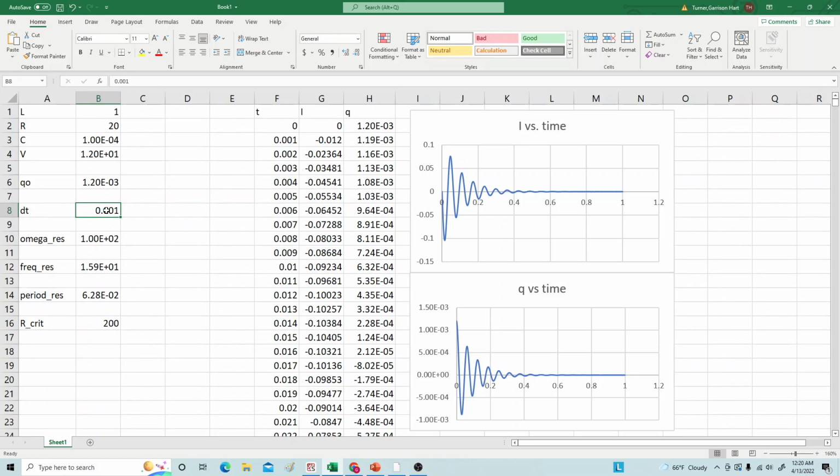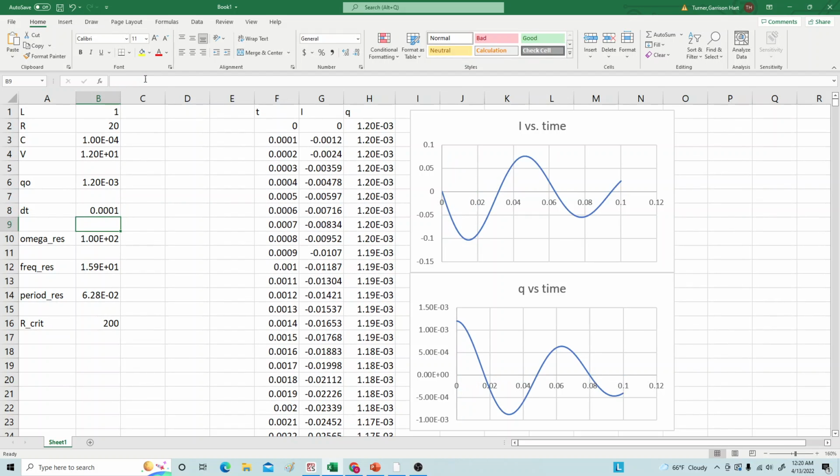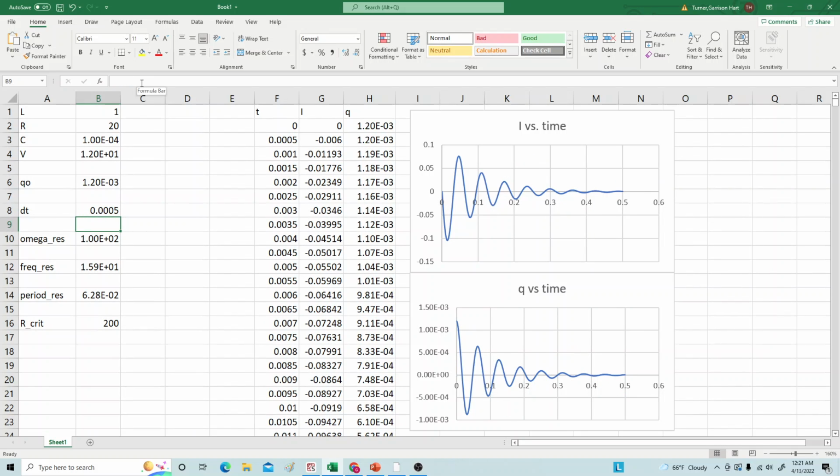Or if you really wanted to, you could do this for a 10,000th of a second, and you would get a smaller portion of your cycle. If you didn't want to do that, you could do 5 10,000ths, and that would give you a bit more of the overall behavior.